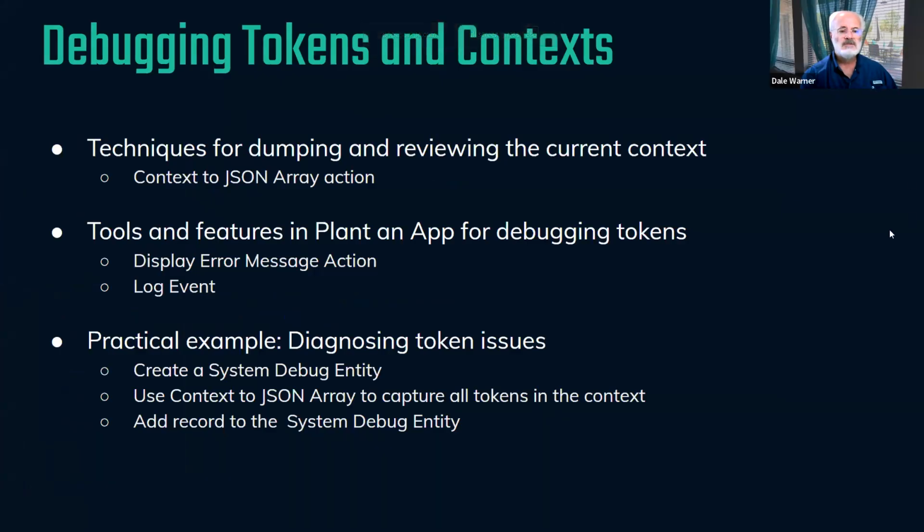It's important to know because we've been talking about these different types of tokens and knowing that when contexts are there and that they get destroyed, depending on what you're working on, it might be very difficult. We don't provide any on-screen visibility into what your current context is.